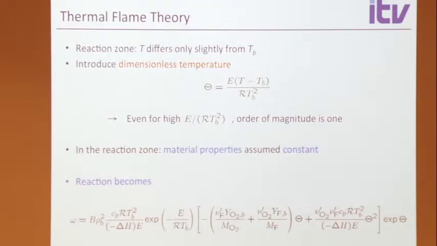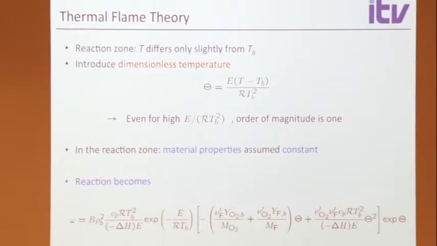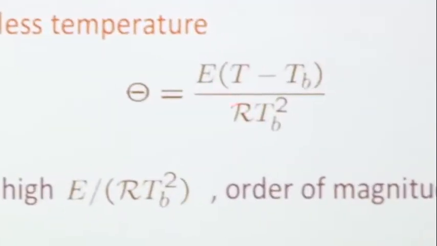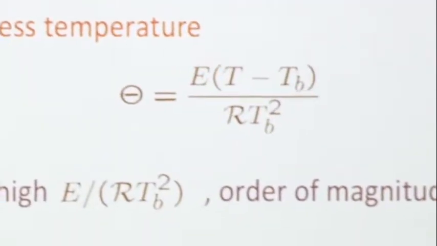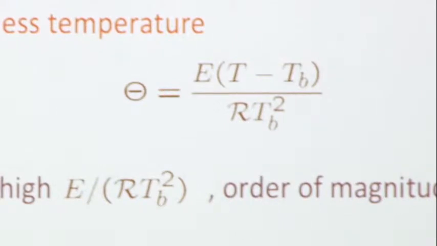T minus T_B is a relatively small quantity because the activation energy is large. If this is order 1, then this here is very large because E is large. This means this becomes relatively small. So this is the non-dimensional temperature.